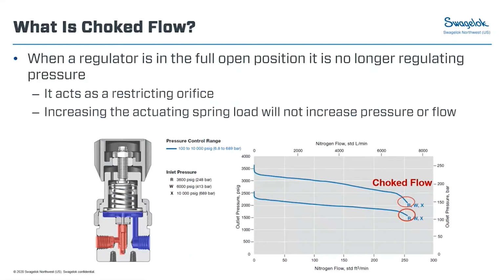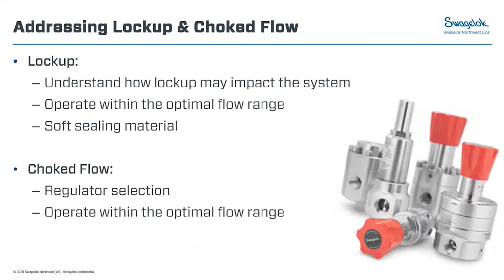The outlet pressure is what it is based on the orifice of the regulator. If you try to adjust it, it's not going to do anything. It's just going to maintain that outlet pressure, whatever it's at. And so we want to avoid operating within choked flow.